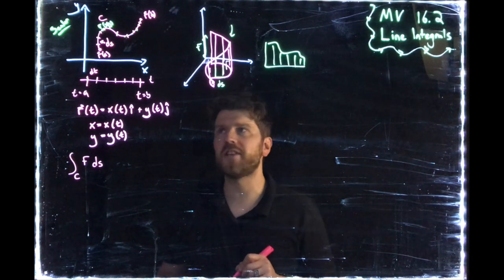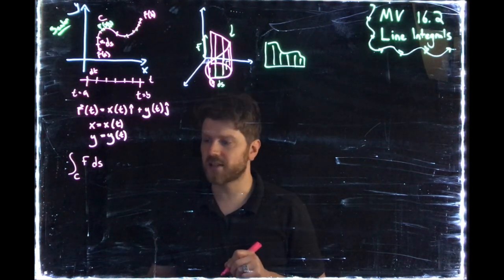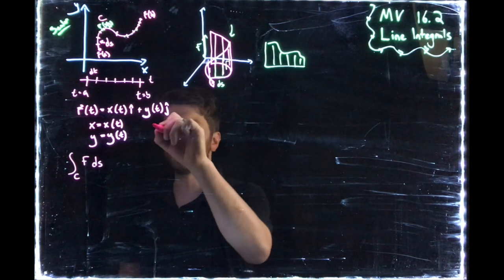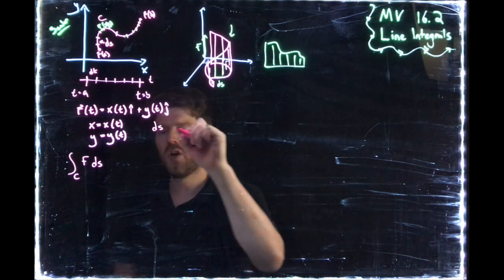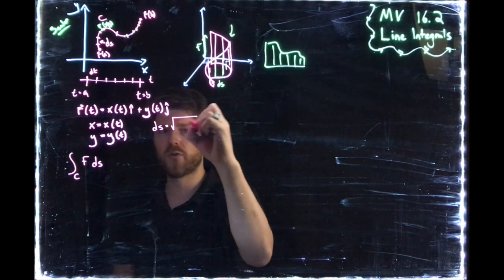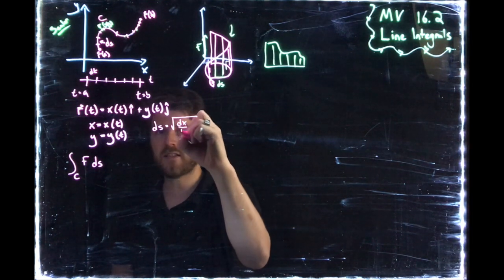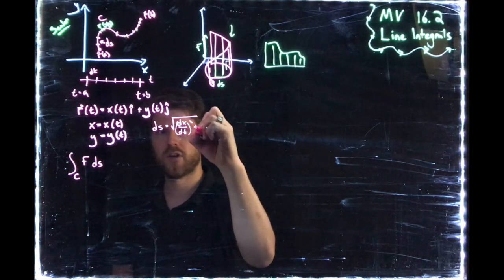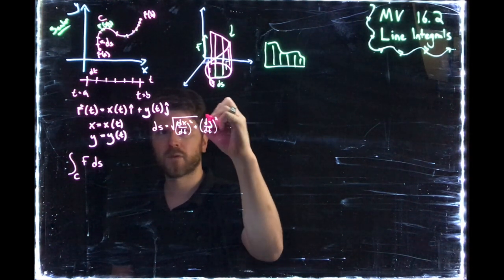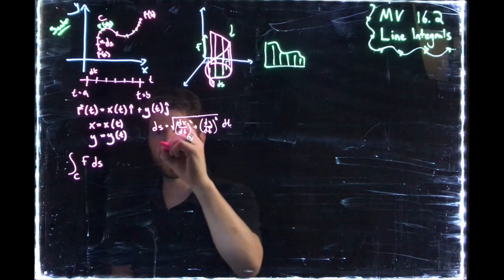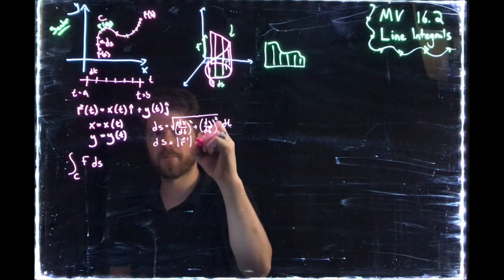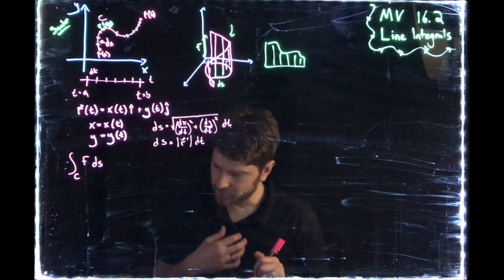Now, this is a little bit hard typically to do, parameterizing things in terms of arc length. So we're going to cast our mind all the way back and remember that we actually knew way back in chapter 13 what this little ds element was, and it was the square root of dx dt squared plus dy dt squared dt, or in fact just, if you prefer, the magnitude of r prime times dt.